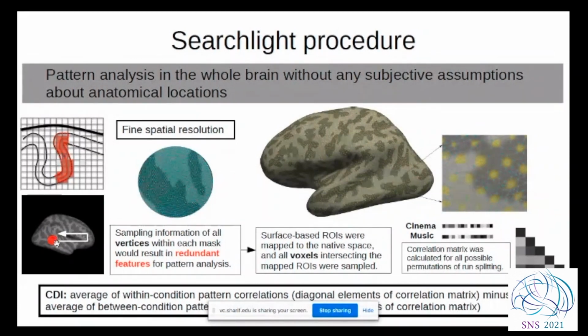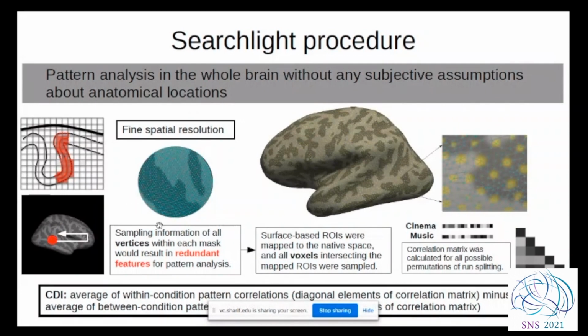So it was a small region. We looked at the pattern of cortical activations in this region, and then we moved this region all over the cortex to basically scan the entire cortex. So this procedure is called searchlight analysis.